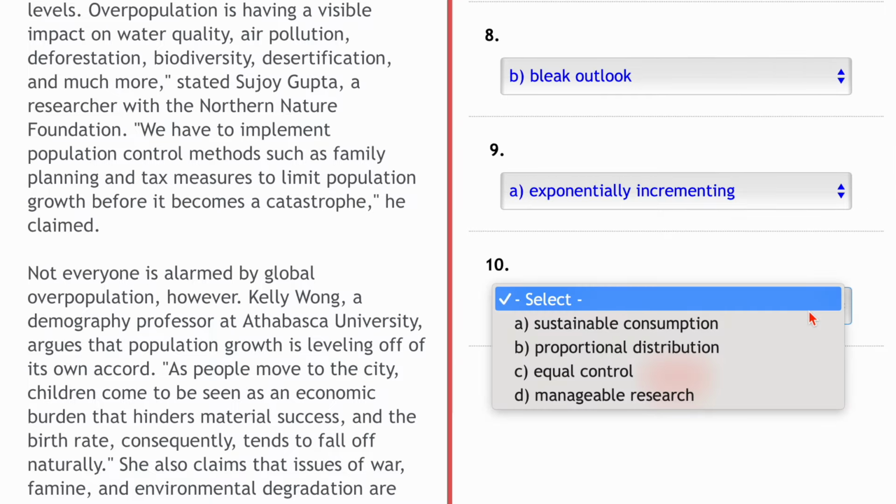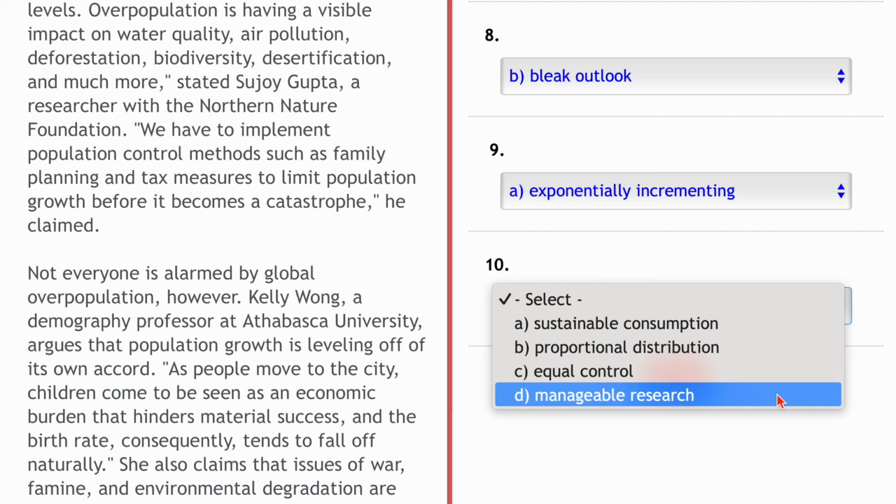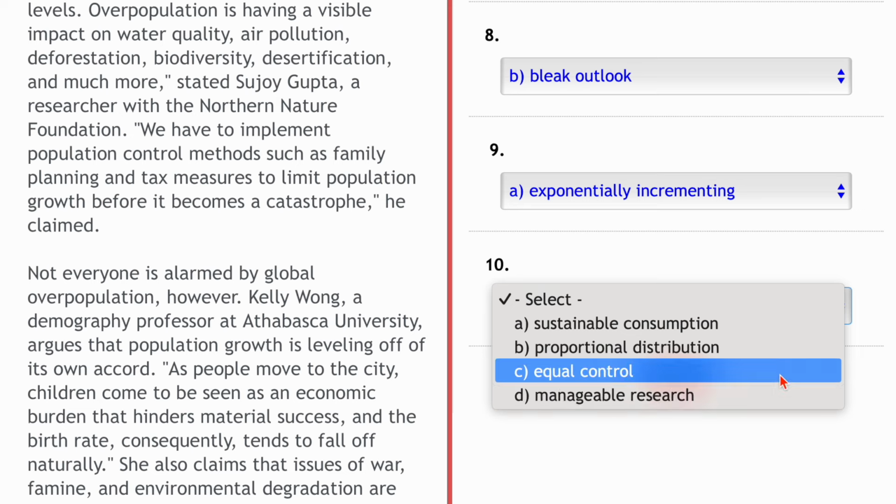Now, manageable research, she didn't talk about research. So, not D. Also, not really C. Equal control. She didn't really talk about controlling resources. Not really control.